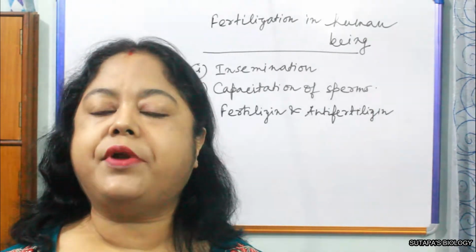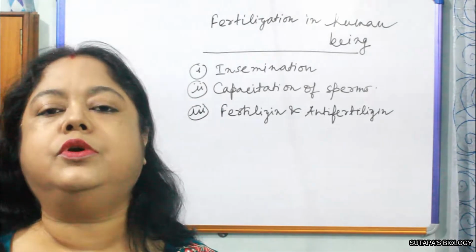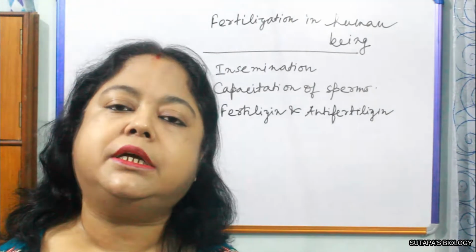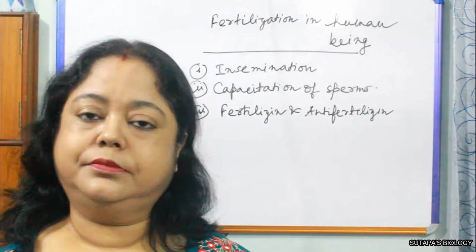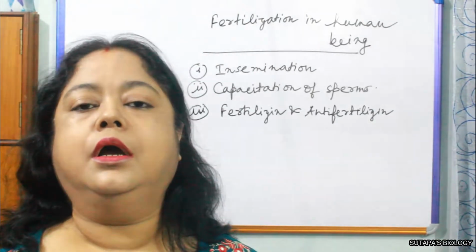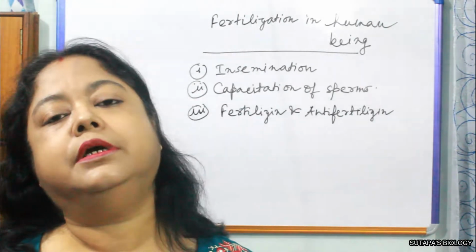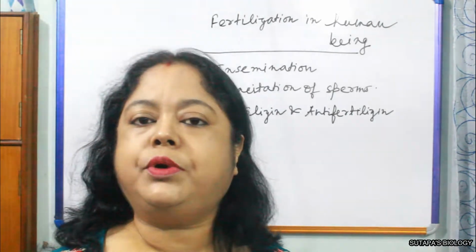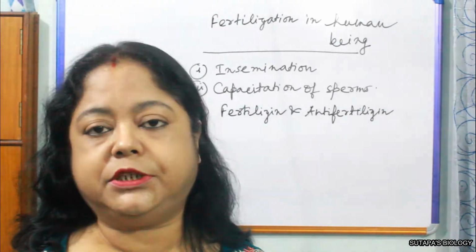So they will interact with each other, and of the millions of sperms, only 4 to 5 sperms maximum will be able to participate in this fertilizin anti-fertilizin interaction. So you are understanding what a tough competition they have.